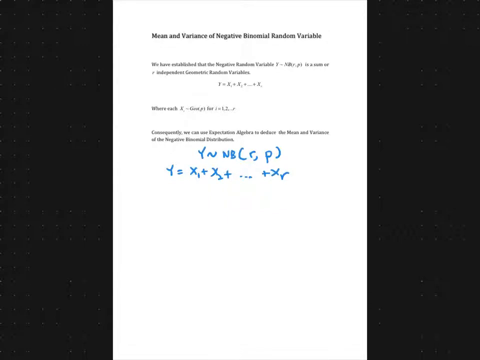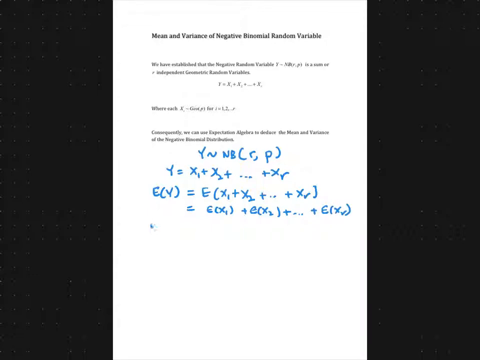And from expectation algebra, E(Y) will be equal to E(X1 plus X2 all the way to plus Xr). And this is equal to E(X1) plus E(X2) plus and so on plus E(Xr).